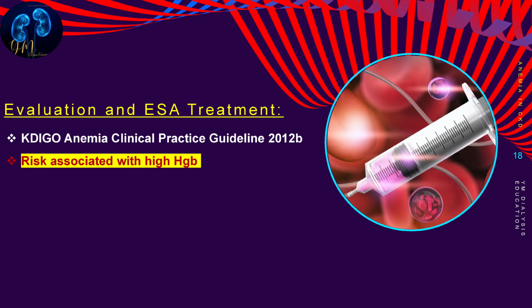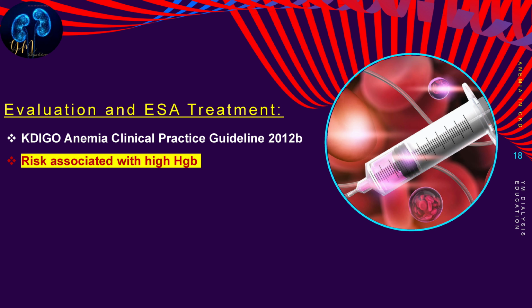KDIGO Anemia Clinical Practice Guidelines 2012 note that therapy needs to be individualized. Individuals who suffer a decreased quality of life may have improvement in symptoms when receiving ESA therapy with target hemoglobins over 10 gram per deciliter.